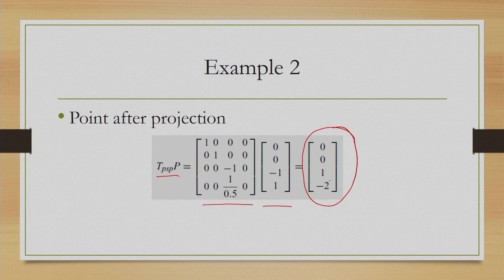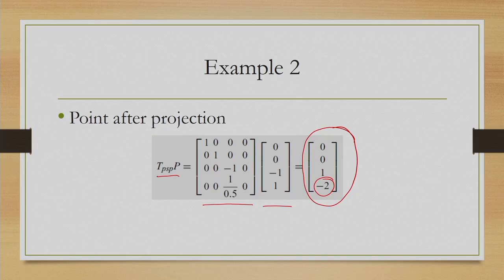Now, note here that the homogeneous factor is not 1. Earlier I mentioned that in projection, particularly perspective projection, we get homogeneous factors that are not 1. So, we need to be careful in concluding the final transformed point.